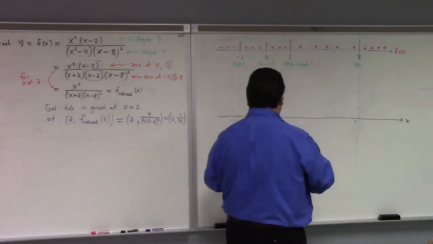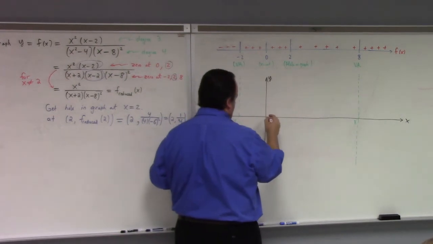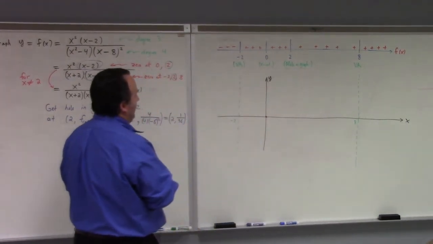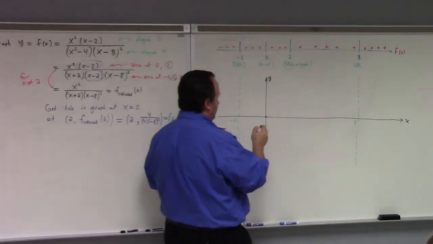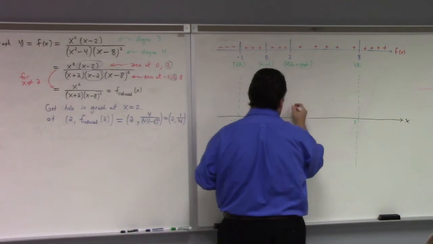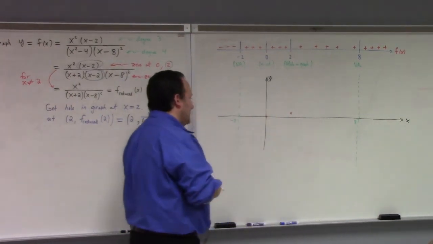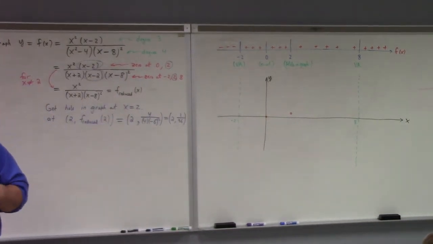I have an x-intercept at the origin, right? And now I've got a hole in the graph here, which is kind of here-ish. To be fussy, that would be really close to the x-axis on my scaling, but I'm just going to put it there so you can see it better, okay?